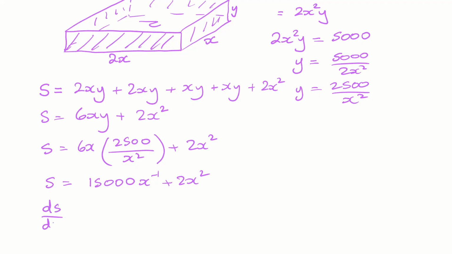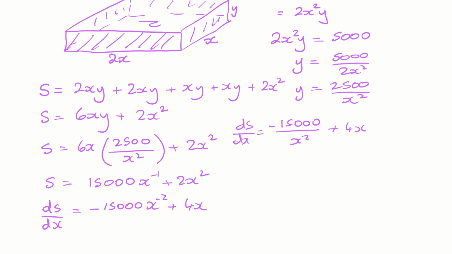So dS/dx is going to be negative 15,000 x to the negative 2 plus 4x. So that is negative 15,000 over x squared plus 4x. And we want that to be equal to 0.